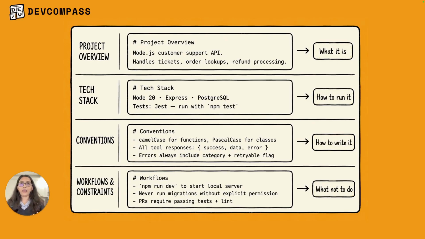On the right side, the annotations name the purpose of each section: what it is, how to run, how to write it, what not to do. So that's a quick reference frame for the whole file structure. Everyone can head over to their respective IDEs or the Claude desktop app, open a project file, and check how it works, what is actually there in your markdown file.